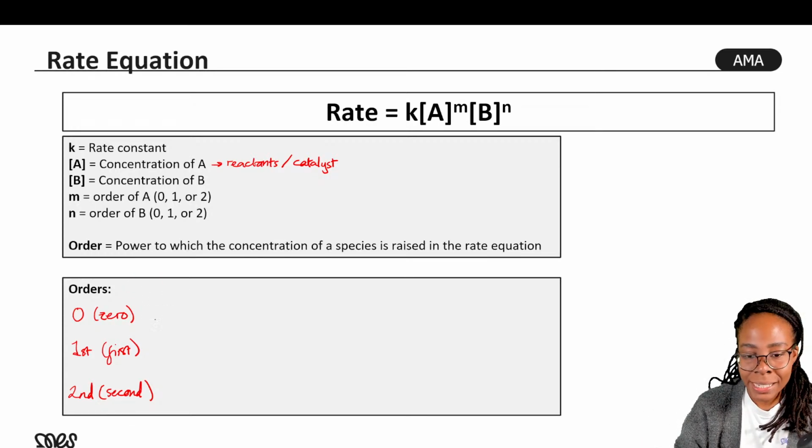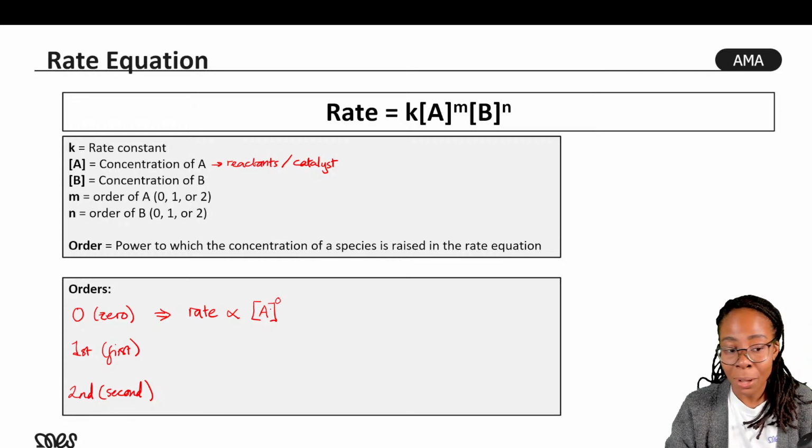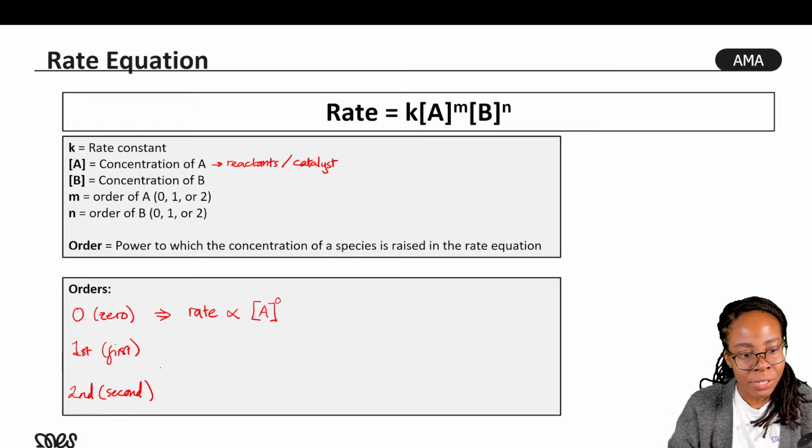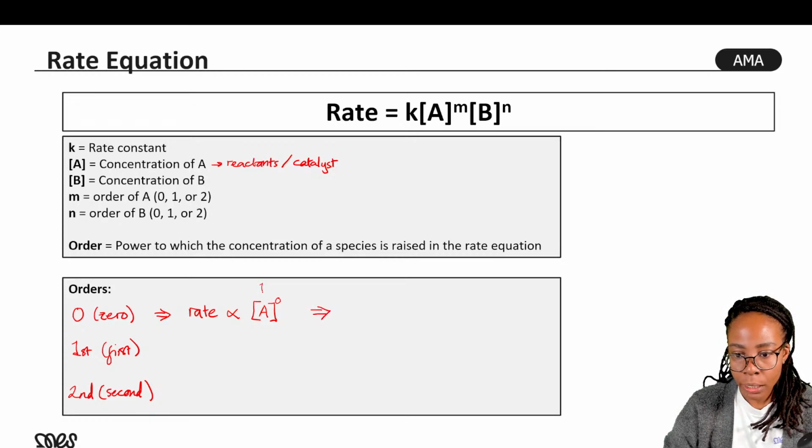When we say zero order, what we mean is that the rate is directly proportional to the concentration of our particular species, I'm going to call this A, raised to the power of 0. And anything raised to the power of 0 is what? Lovely, 1.